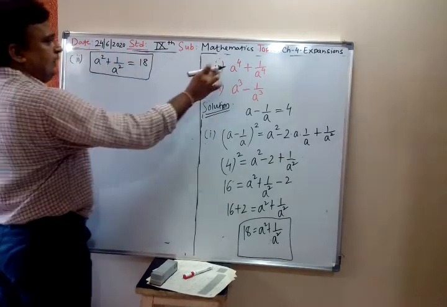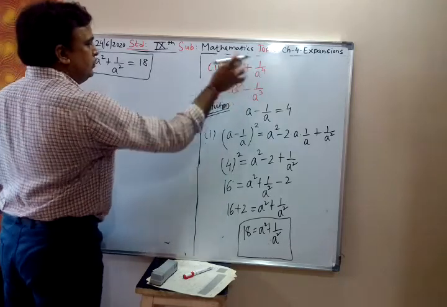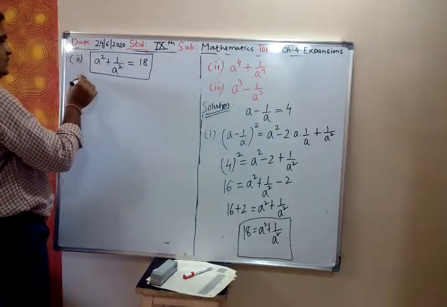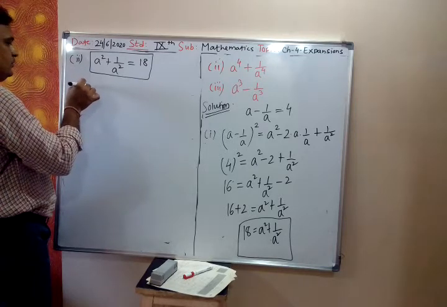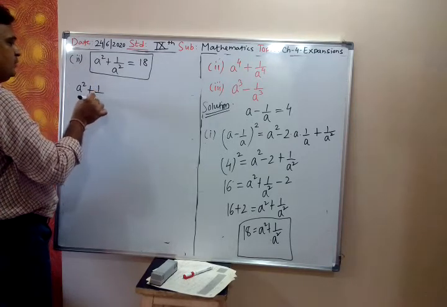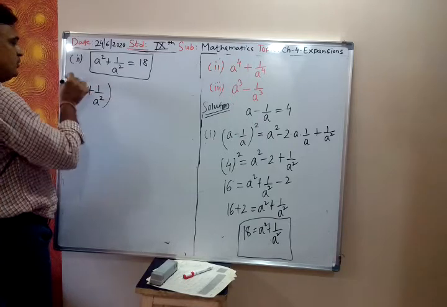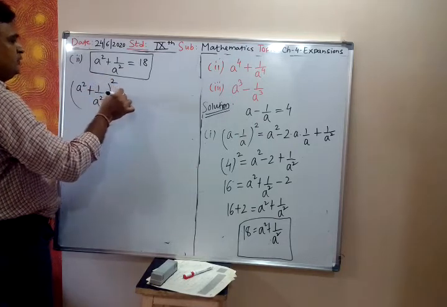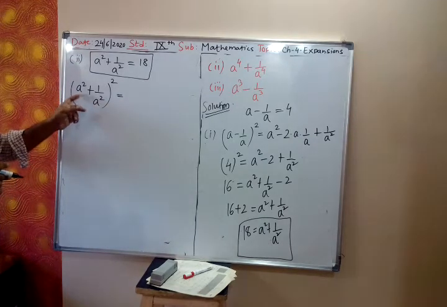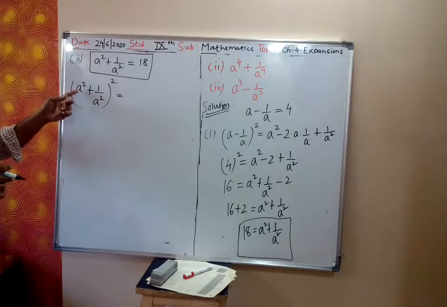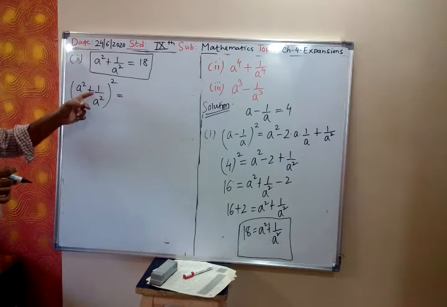Now to find a raised to 4 plus 1 upon a raised to 4, I will square a square plus 1 upon a square. I will find the whole square using the formula a plus b whole square, which is a square plus 2ab plus b square. Instead of a, I have a square, and instead of b, I have 1 upon a square.